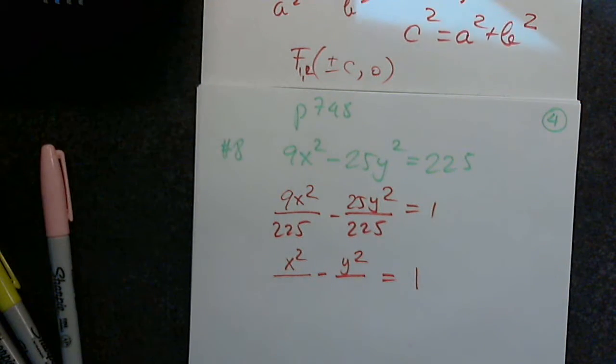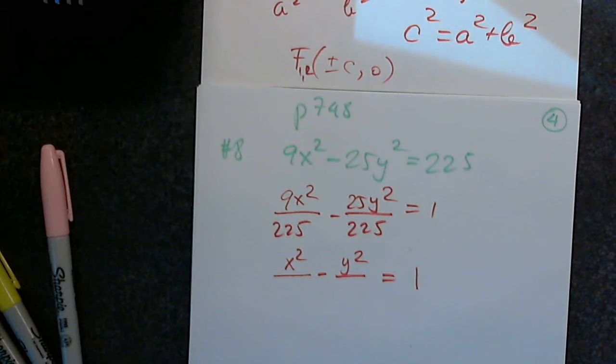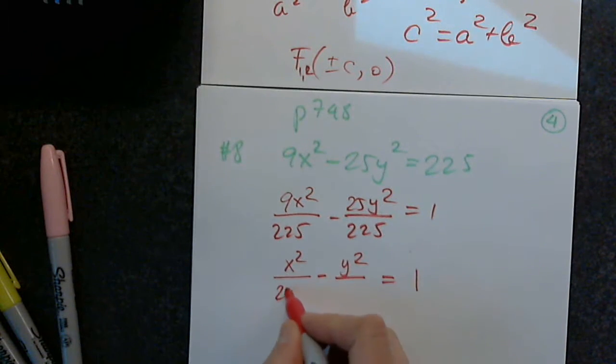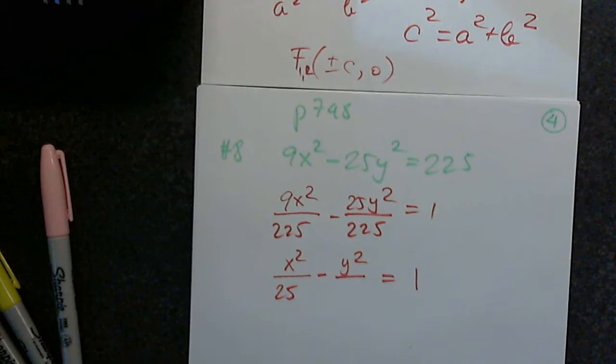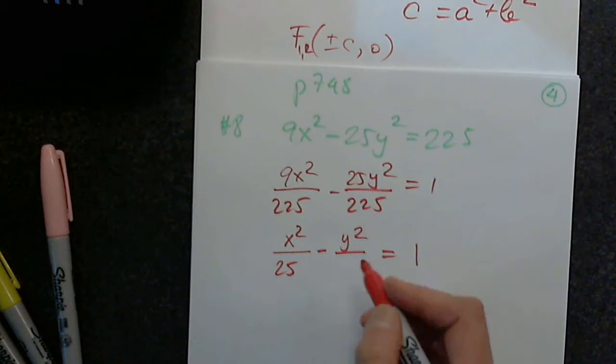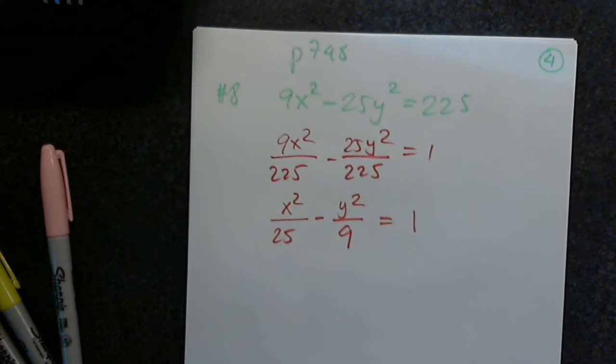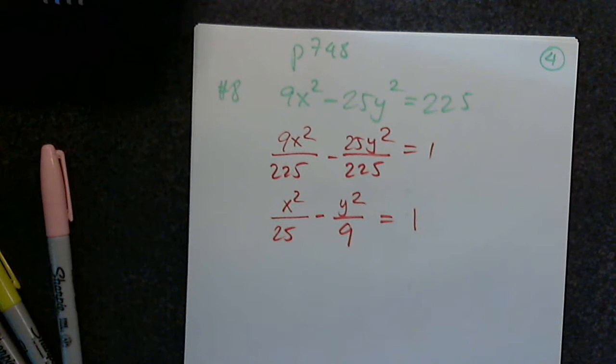So 225 divided by 9 is 25. Okay. And 225 divided by 25 must be 9. Very good. There is no question now that the hyperbola has the transverse axis, if you want major transverse axis, on the x-axis. Why?